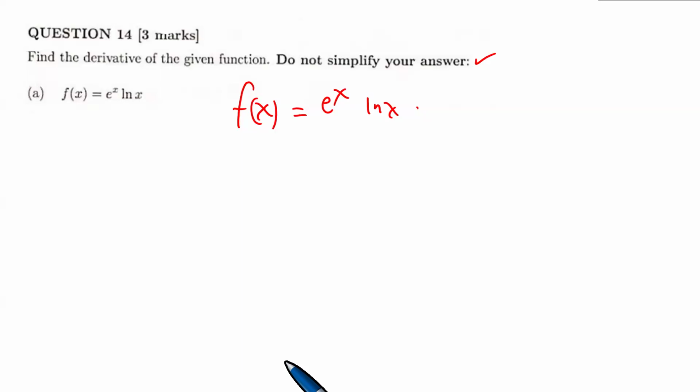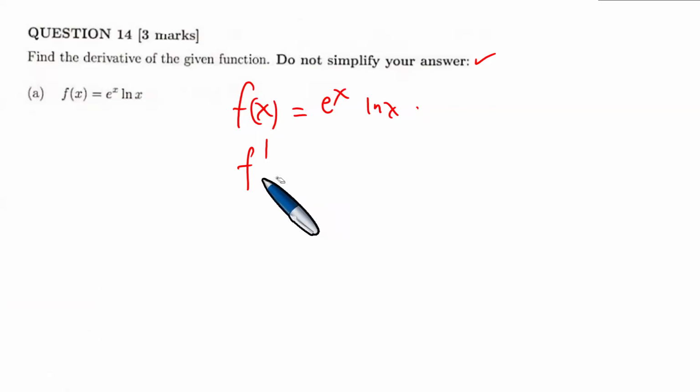I got the answer. Okay, what do you think the answer is? Please read it out. E to the x ln x plus 1 over x times e to the x. Good, well done, well done.